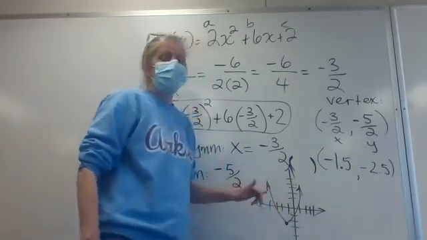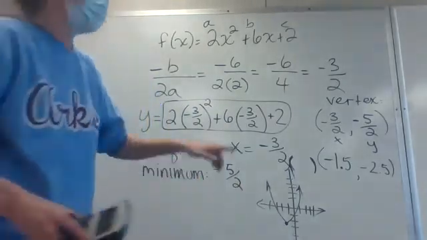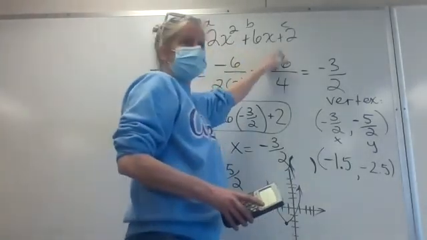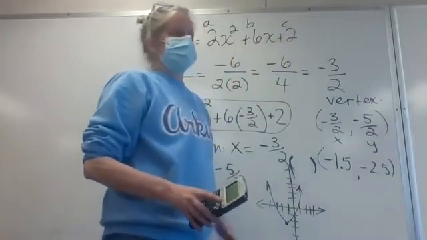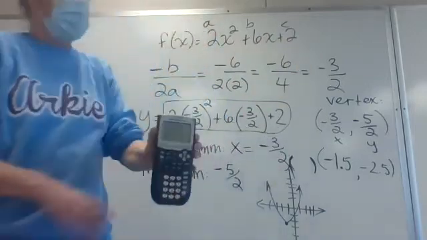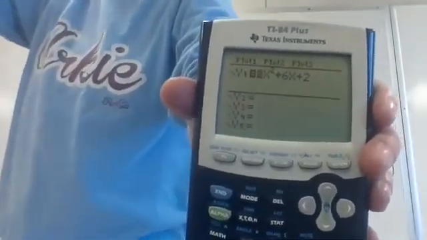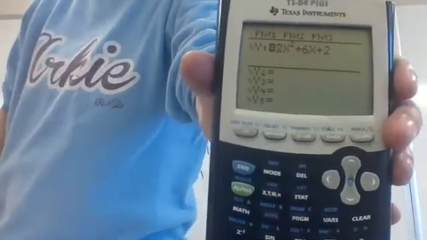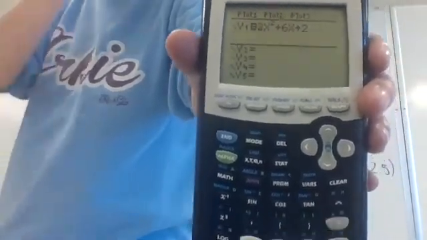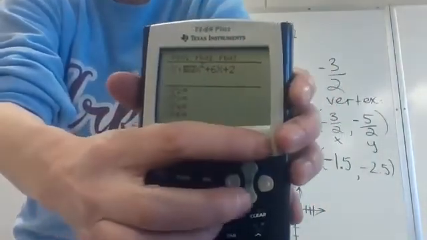Now, but what are you going to have to do to actually graph this? You're going to have to plot another point. So unless you want to choose x's and plug them in and solve them for y, you can go to your y equals and put that in your y equals, because what do you need? You just need to see the xy table of points on this graph, right? So if you type it in, then just hit second table, there's all the points you're going to need.